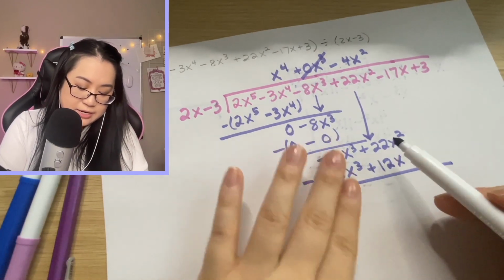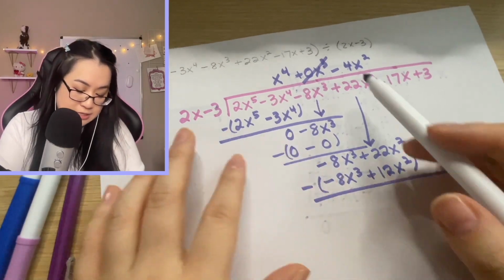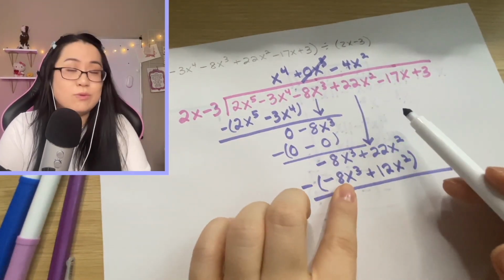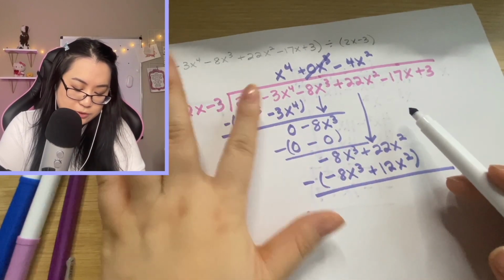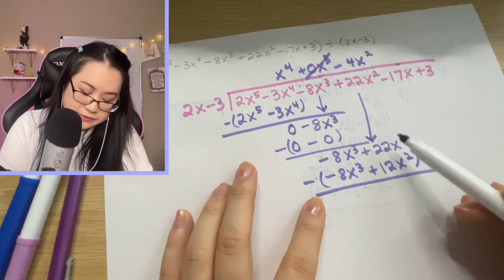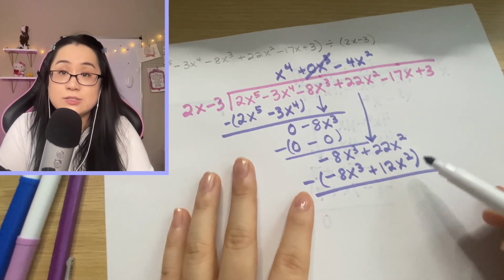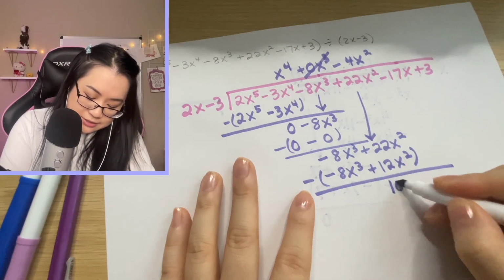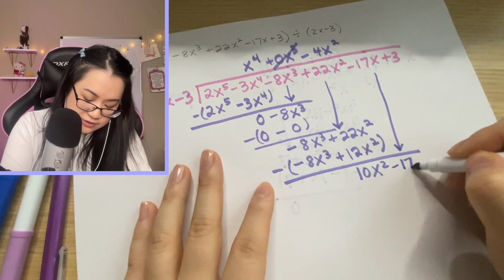So I never bothered to do this first term, because if we did this correctly, the whole point was to get rid of this. So we're always expecting this first part to be 0. So it's really just figuring out what this remainder is. So 22x squared minus 12x squared is 10x squared, down the negative 17x.